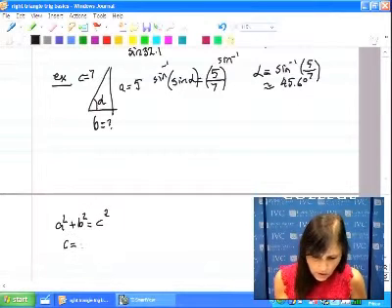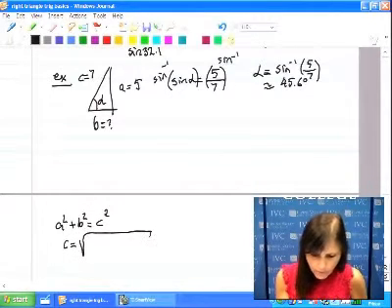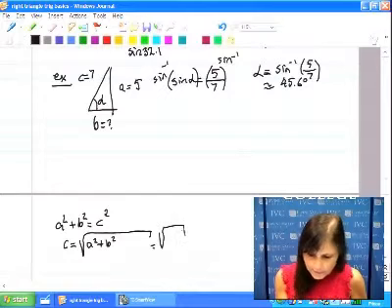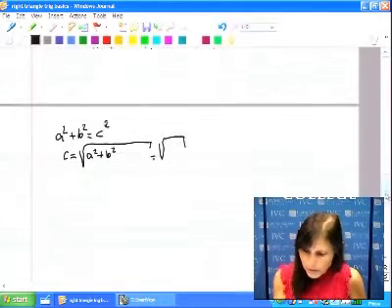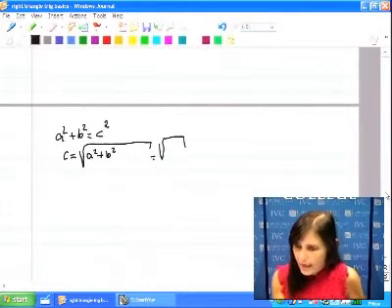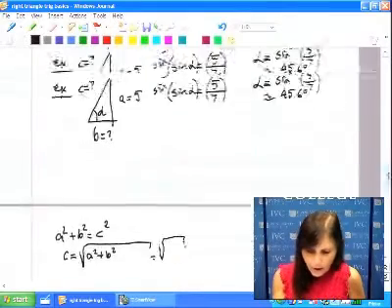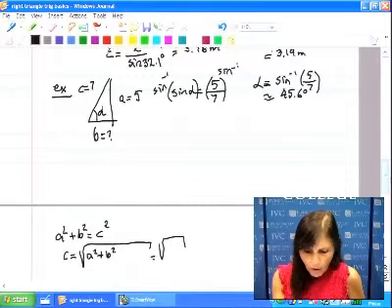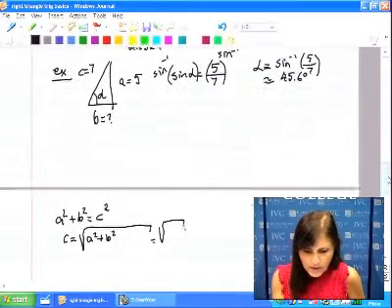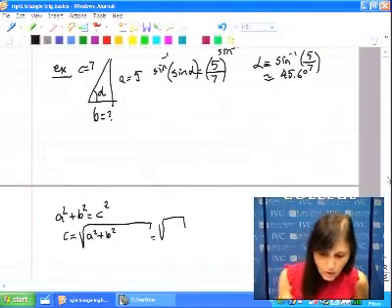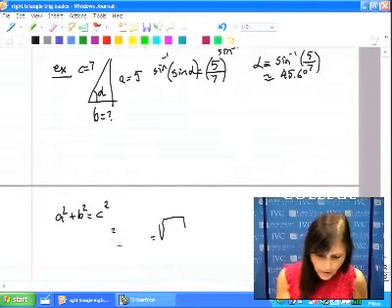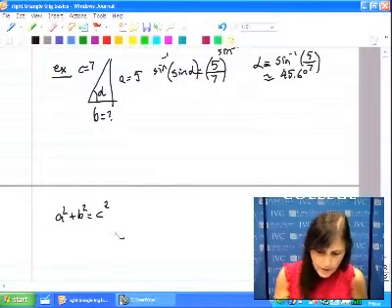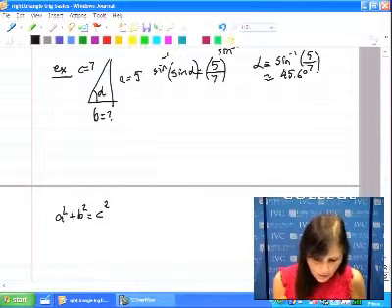Then C is going to be square root of A squared plus B squared. And let's plug that in. Oh, sorry, I just didn't know the C, so I have to go back to here because what I do not know is B. So let's write this down.